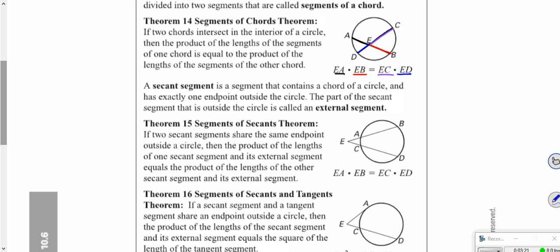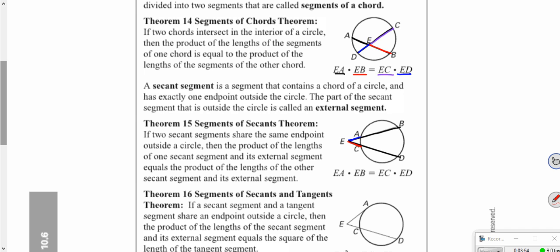So for instance, this AE right here would be the external segment of this whole secant segment. Same thing with the one below it. The EC here is the external part of this whole secant.